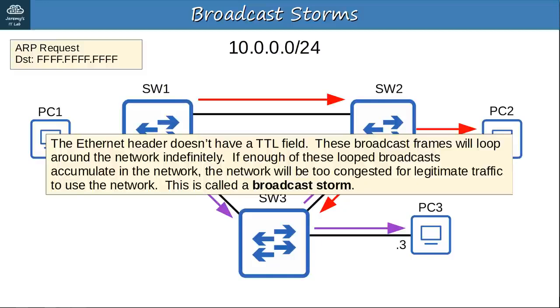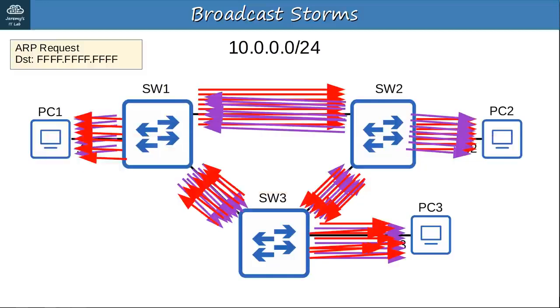This is called a broadcast storm. Eventually, your network will look like this, so full of looping broadcast frames that no regular traffic can pass through your network. The red arrows represent the clockwise loop between the 3 switches, and the purple arrows the counterclockwise loop.